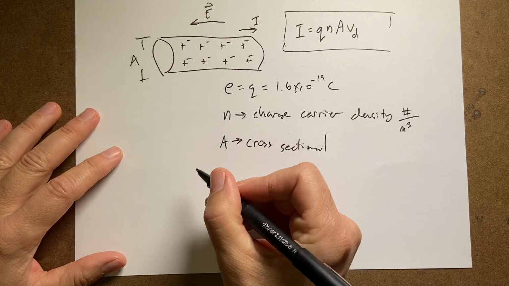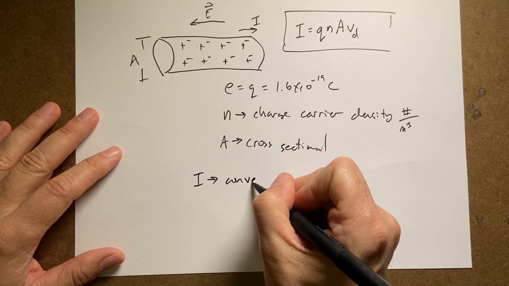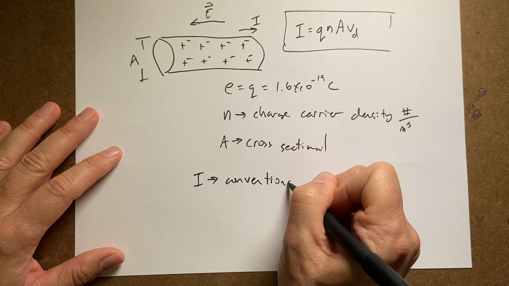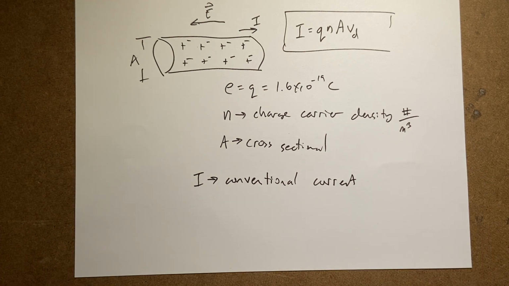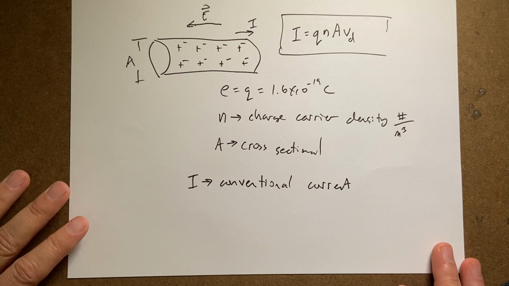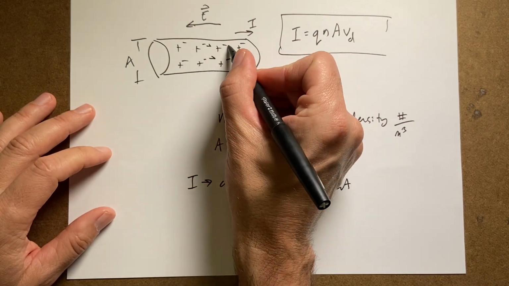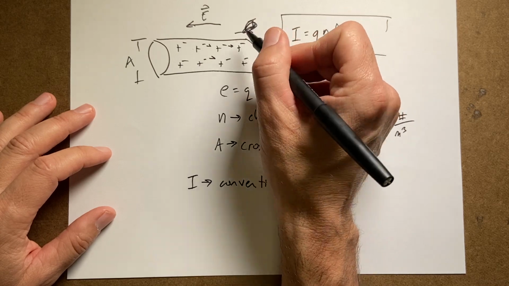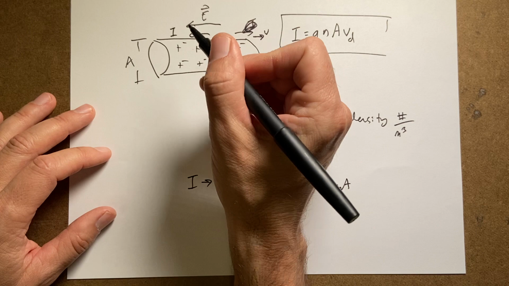Oh, one more thing. We have I, the conventional current. This is the possible flow of positive charge. So even in this case, if I have the negative charges moving, actually, this is v, not I. I would actually be this way. The conventional current would be that way.